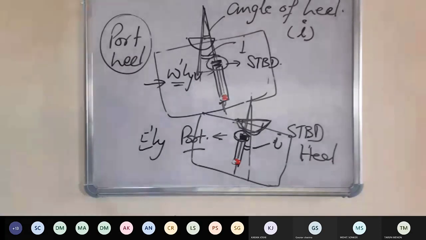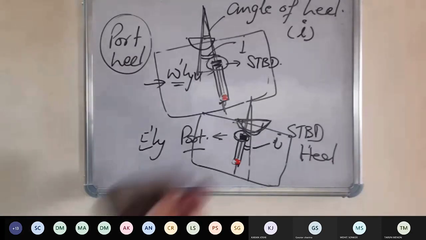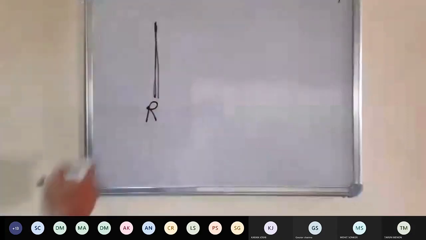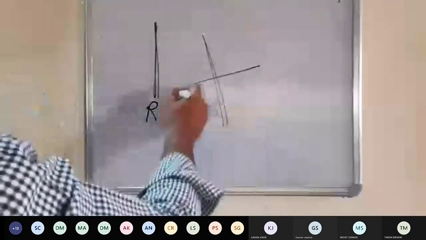So why can it happen? First, the heeling will happen, but when it is heeled, what is actually changing is the force R, which was running vertical, the vertical component, is now at an angle because of the heel.